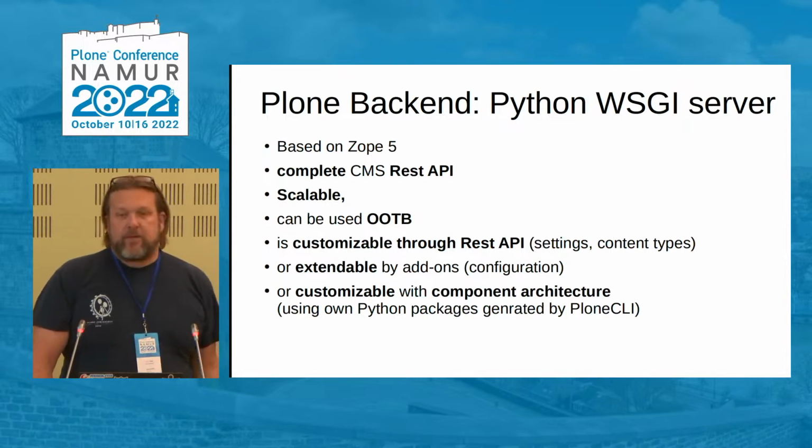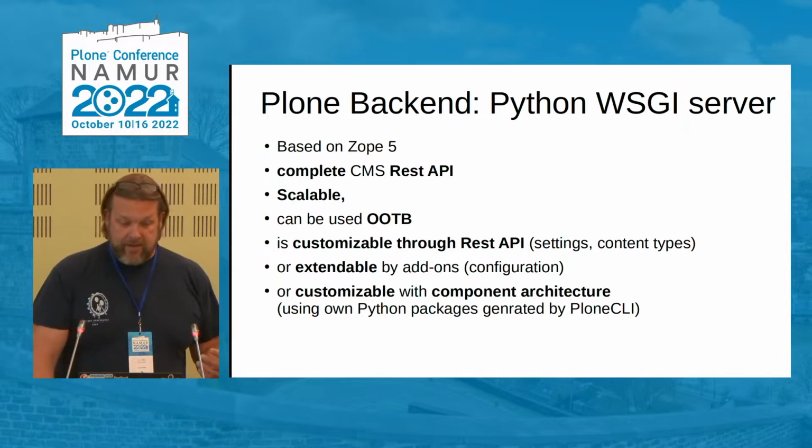Or you can go one step further and customize with the component architecture with Python packages. You can generate these packages again with Plone CLI. So you can go the full path on the Python side to customization as well. That's basically what the backend is, probably much more.